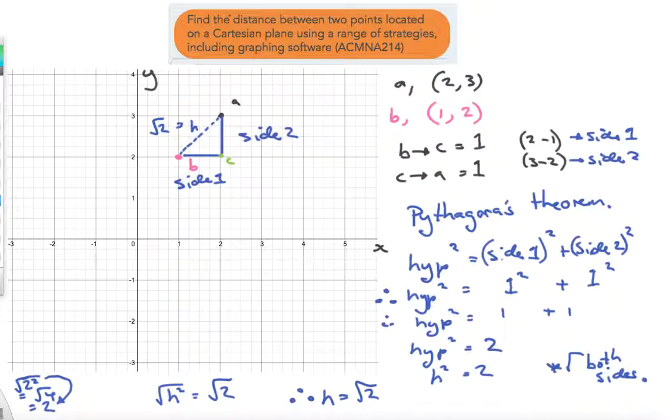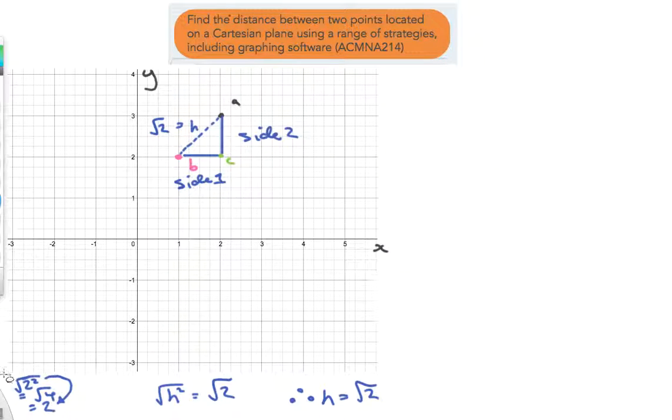Let's think of another example. Clear ourselves some space. Okay, let's think of another example.